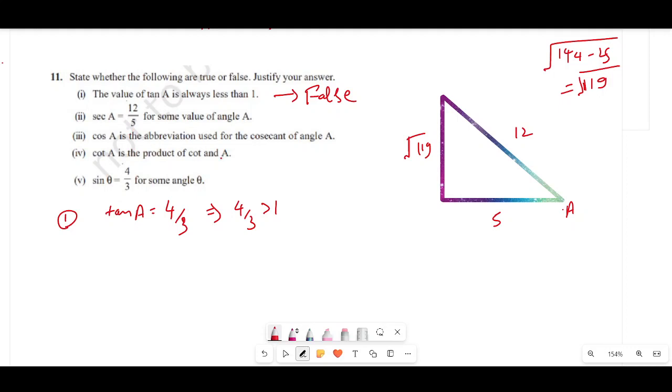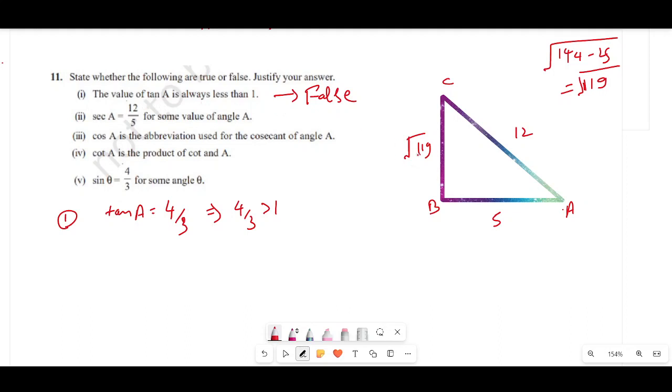But if this is A, and here suppose this is C and this is B. Now for some value of A, but this is the ratio only, so we can take more values. Clear?